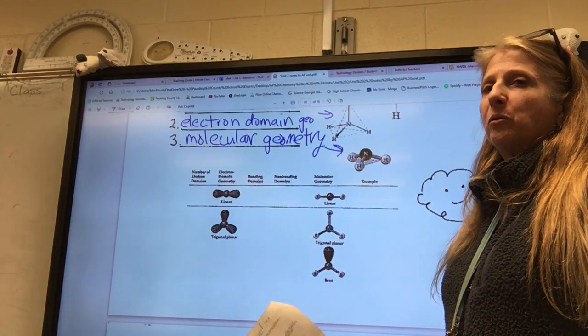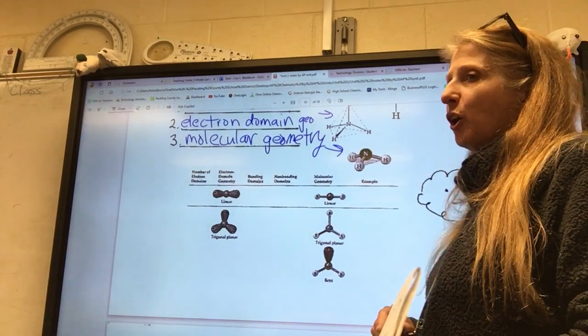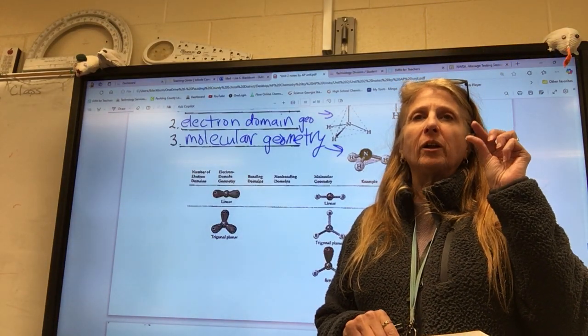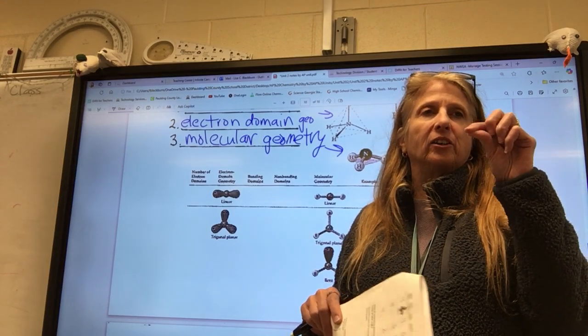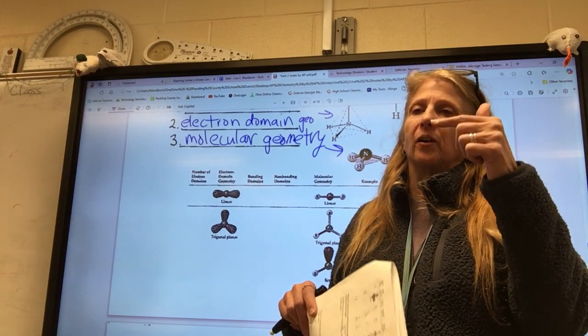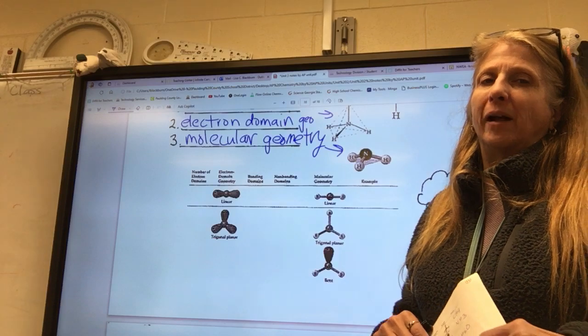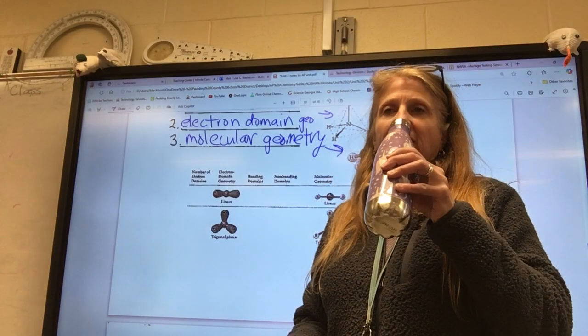So now what I want everybody to do is take your black ball that has 4 things on it, and get another one and stick 3 of your bonds into it. And then for that one that you get another bond and stick on the end. I want you to make something that is linear shaped, and what you're going to make is called ethyne. You're going to make an ethyne.